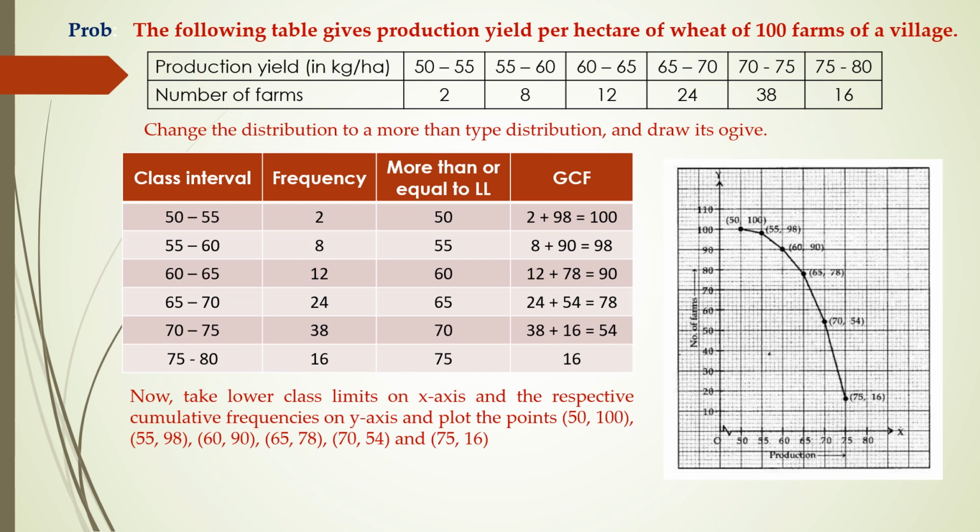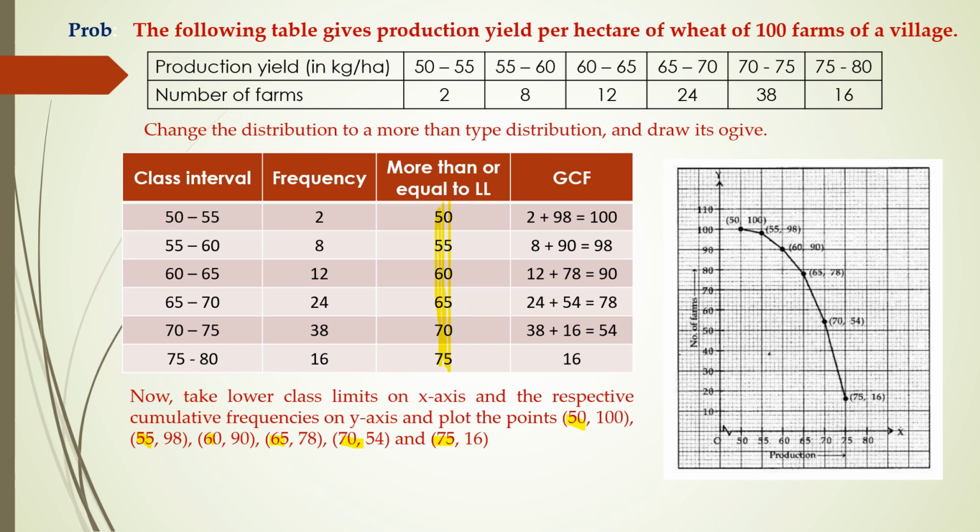If you observe the x-coordinates of the points, they are 50, 55, 60, 65, 70, 75. These are nothing but the lower limits taken in the third column from the distribution.